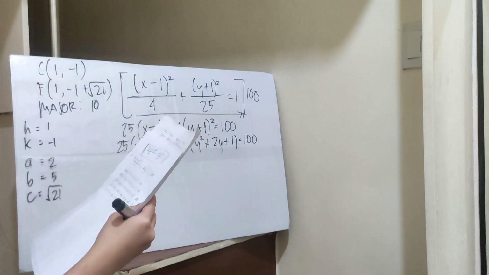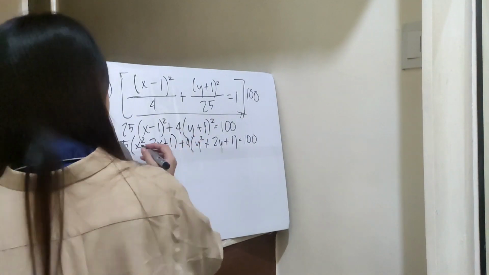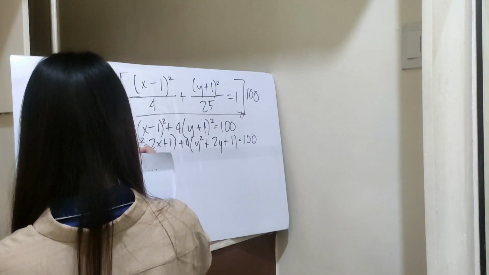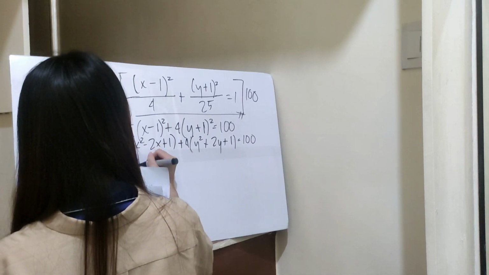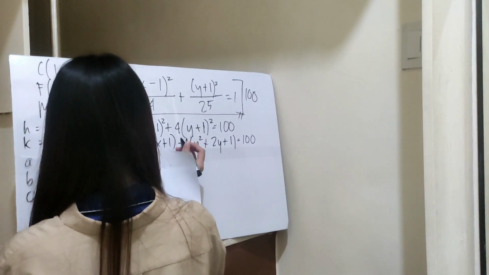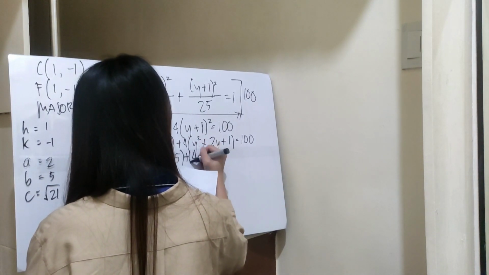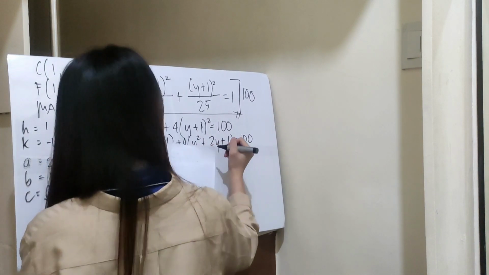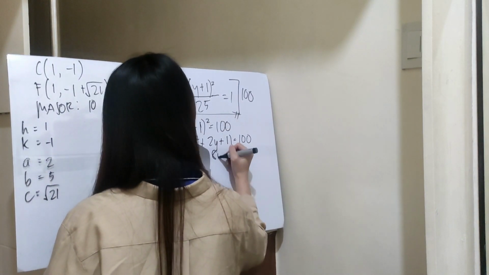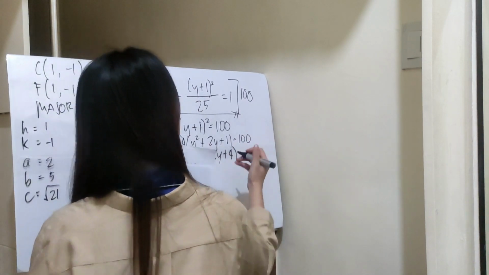The next thing we'll do is distribute the coefficients. So we'll have 25x squared minus 50x plus 25 plus 4y squared plus 8y plus 4 equals 100.